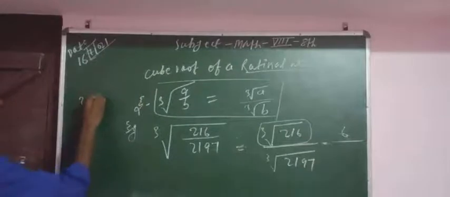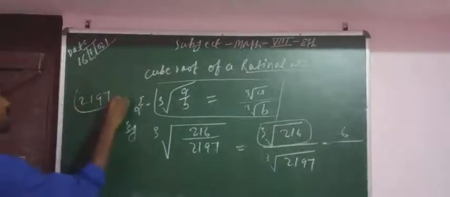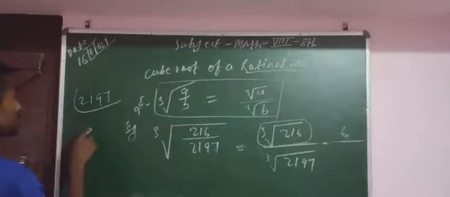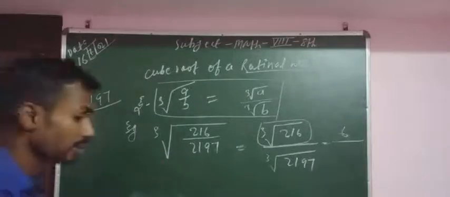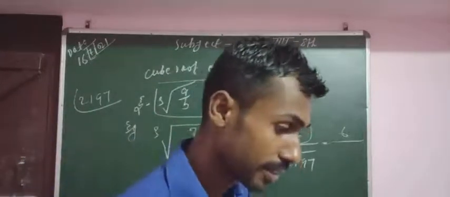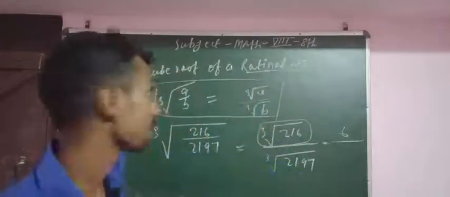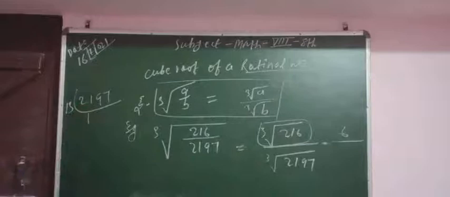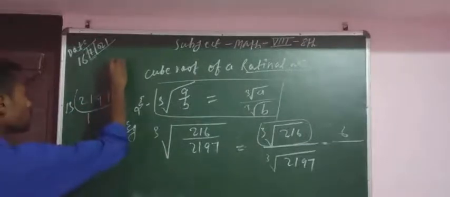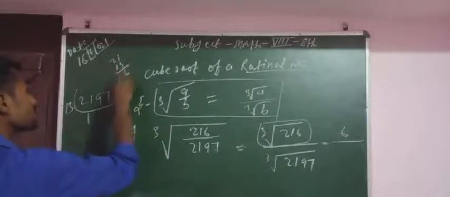So 2197, check it. That means 7 times 7... so 27. That means 13 times 13. So 13 ones are 13. So 21 minus 13, that means 6.